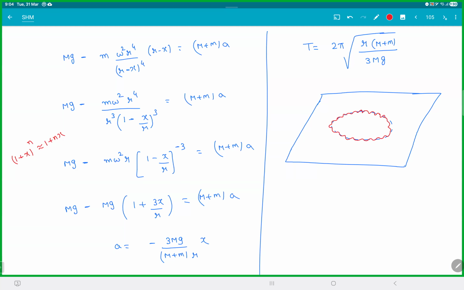So it doesn't go exactly in a circle, but again, since x is very, very small, you can assume it to be a circle. So it's like a circular motion with small oscillations. This is the motion of the particle. So it goes in a circular motion with small swings.